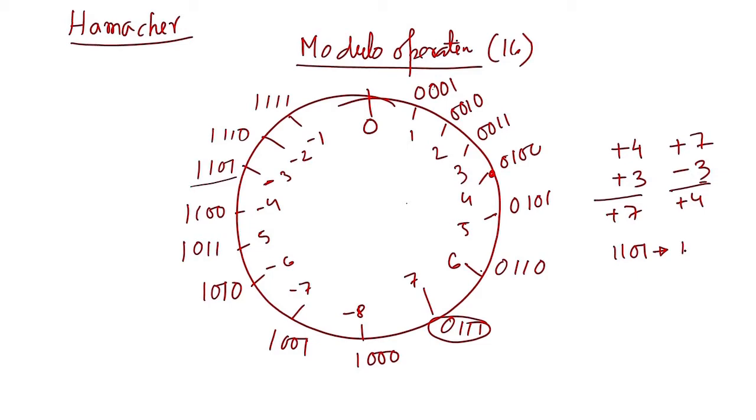It will be 13, right? 1 1 0 0 and 1 0 1, so this is 8 and this is 5, so this is 13. What do you do? You move 13 places: 1, 2, 3, 4, 5, 6, 7, 8, 9, 10, 11, 12, 13. So the result is plus 4.